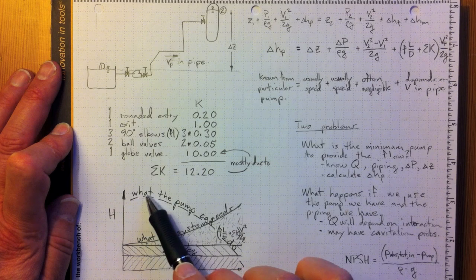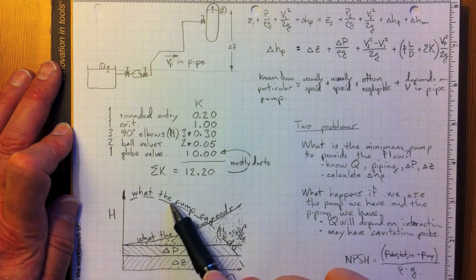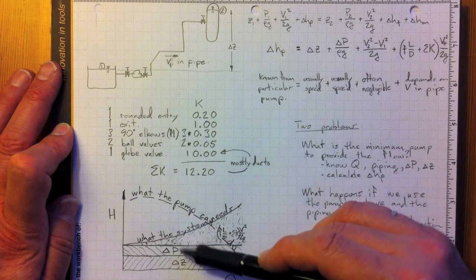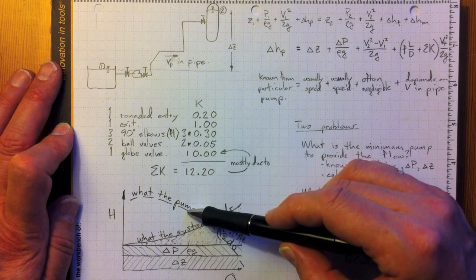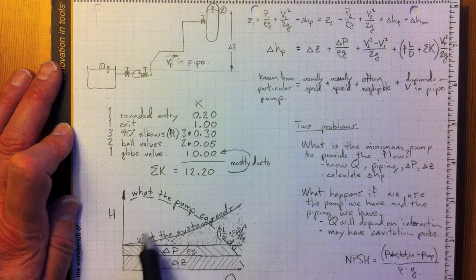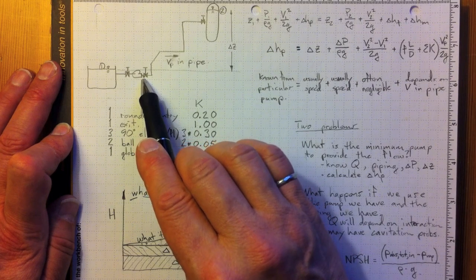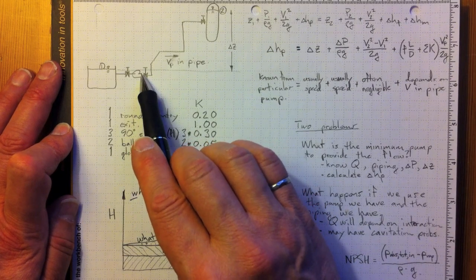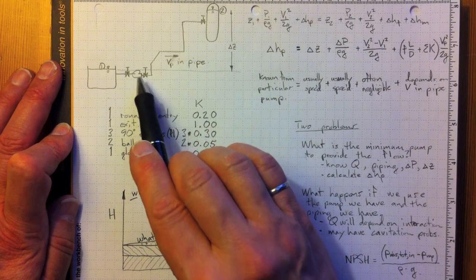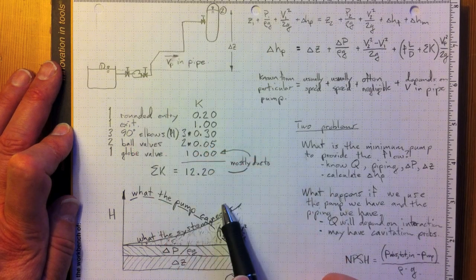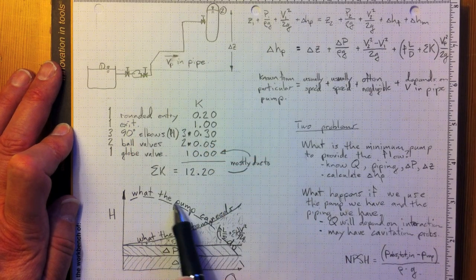And typically it'll peak about here and then it falls off, so the more flow goes through the pump, the less the head rise will be across the pump. So we get a curve like that, and where we get that from is measuring the performance of the pump. Typically we'll get that from the pump manufacturer, who has very carefully measured the performance of the pump and is guaranteeing that their pump can do this.